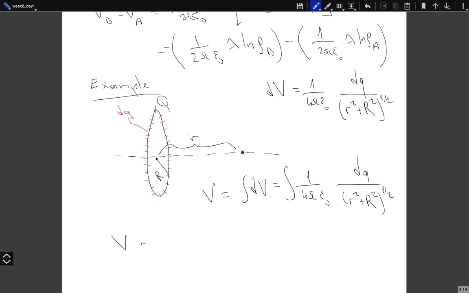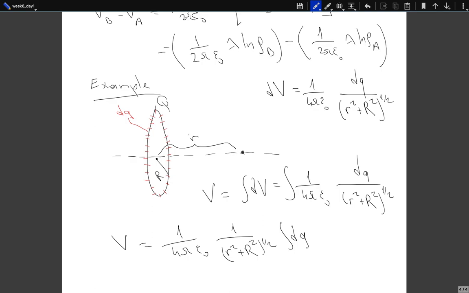So V is equal to 1 over 4 pi epsilon 0, 1 over the distance from the ring, times the integral of dq. But you see, this is nothing but the sum of the charges of the segments making the ring.